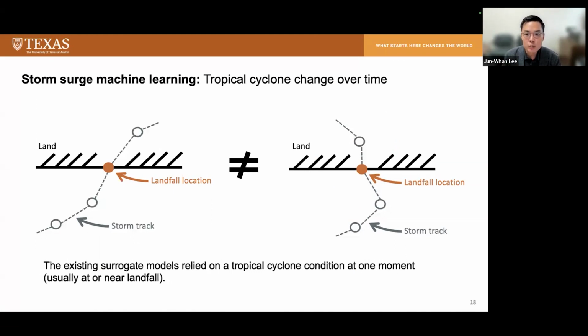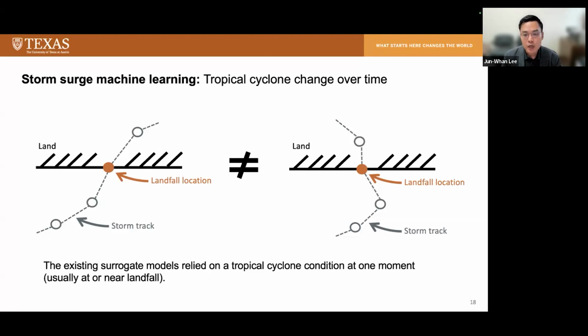Instead, the existing storm surge machine learning models rely on the tropical cyclone condition at one moment, usually at or near landfall. And this is a problem because the existing models cannot distinguish between 2 tropical cyclones, as represented in this slide, which have the same condition at the landfall location, but different conditions before and after landfall.